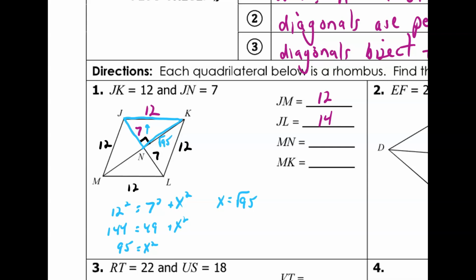So MN and NK, these are both the square root of 95, right? So we can write that in here for MN. That's the only one that really took a little bit of work. And then MK is twice that square root of 95, so it's 2 rad 95. Now, I'm not really going to be picky about whether or not you write this as a decimal and put this in the calculator, but that's the exact answer.